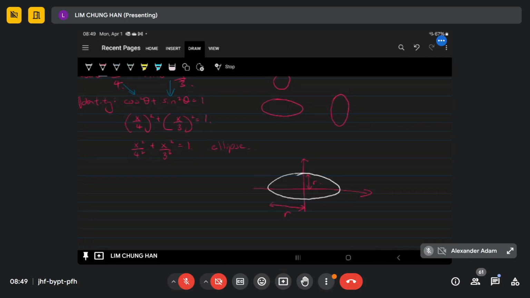Basically, in an elliptical function, the number at the bottom is the radius.